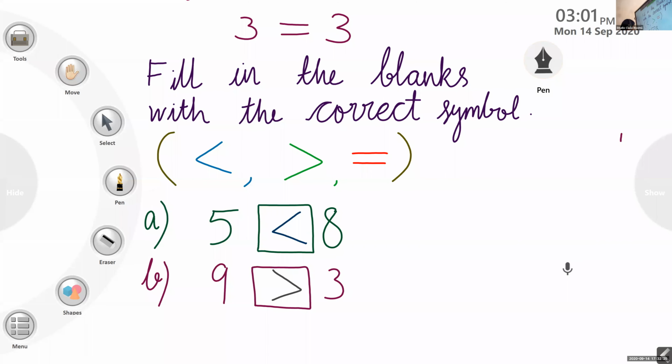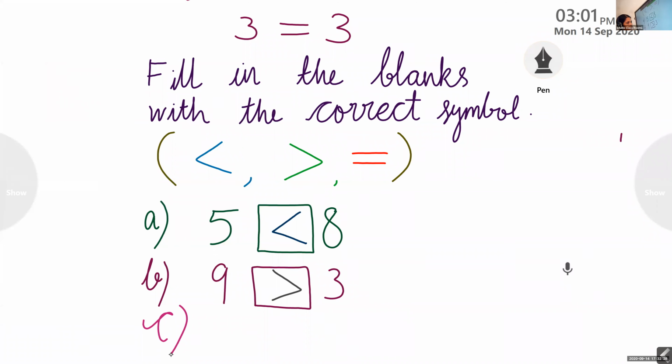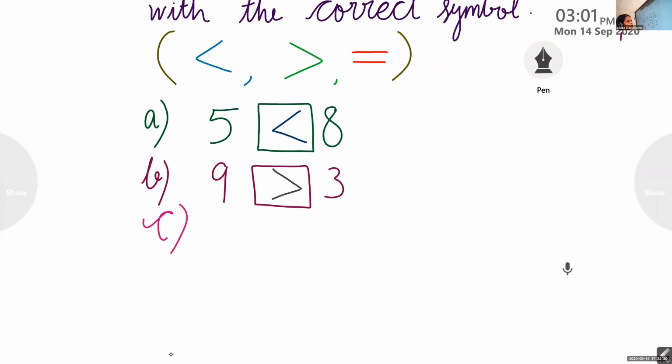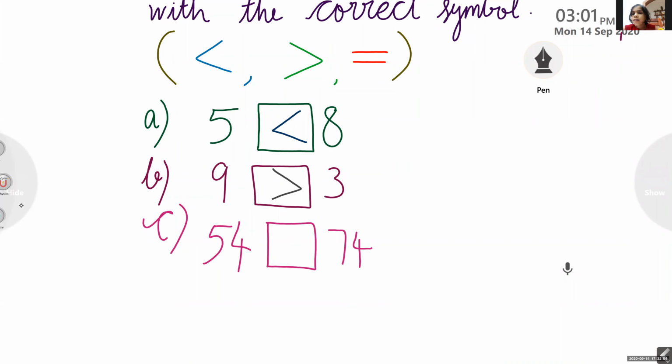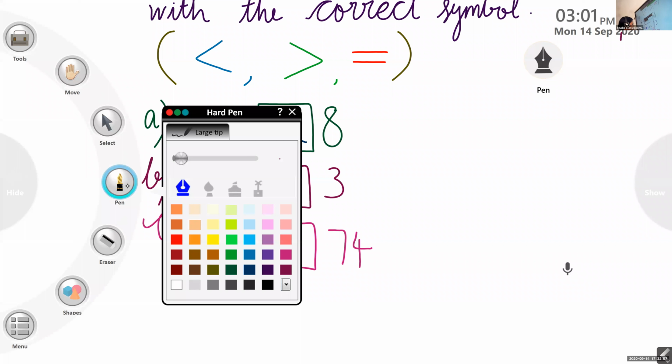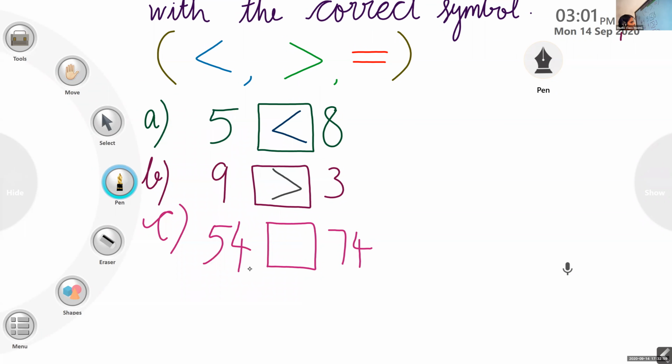And next we have C. In C we have 54 and here we have 74. Rukma, which is the bigger number here? 74. So that side the mouth of the fish will be open.